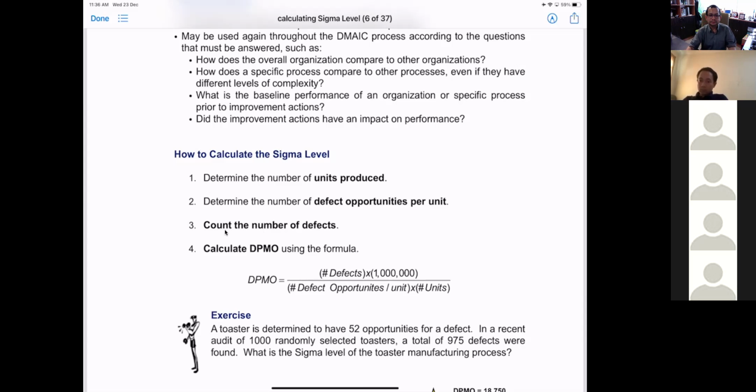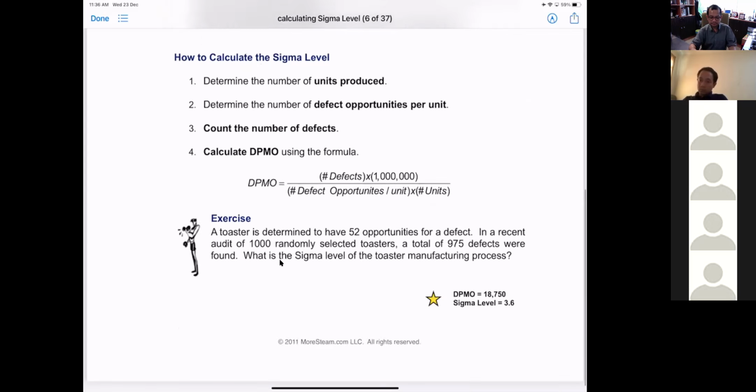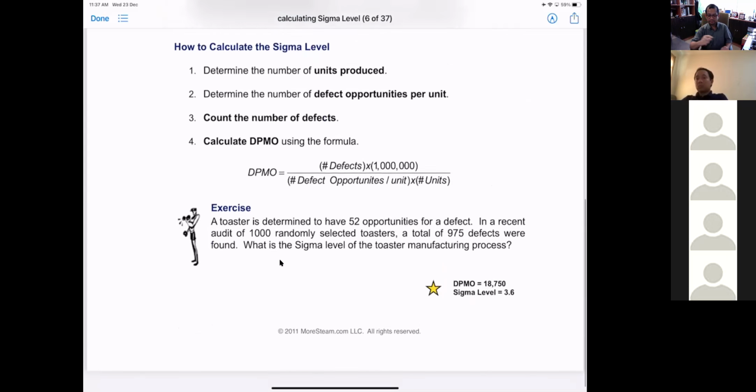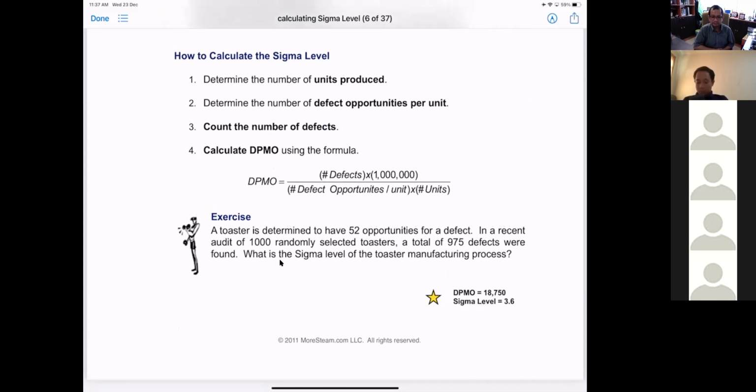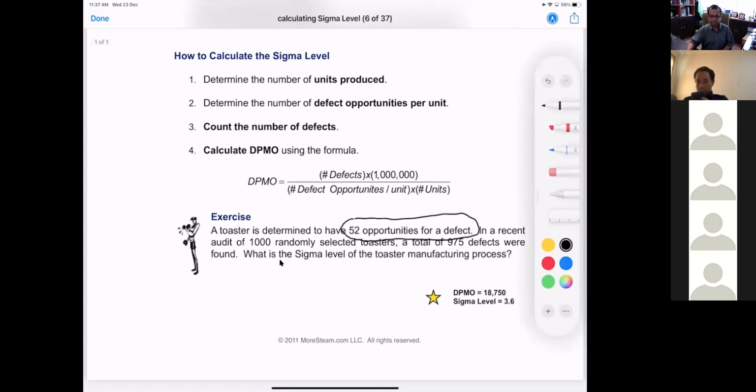And then the third information, we should have the total number of defects. And then from there, we can calculate the defects per million opportunities. This is the example. For this toaster, we have 52 opportunities for defect, 52 points for defect.